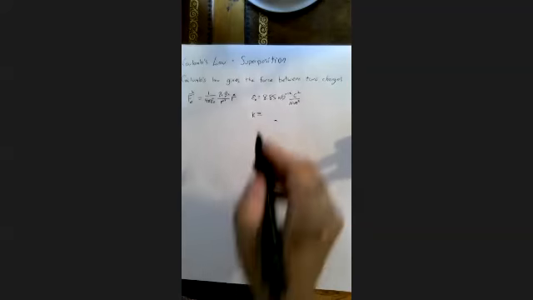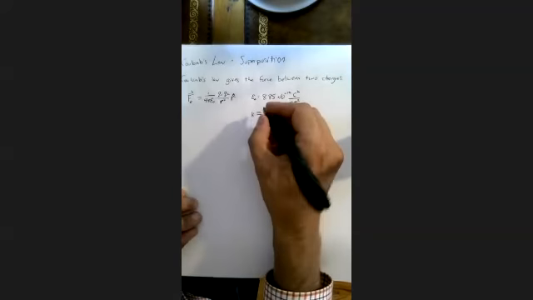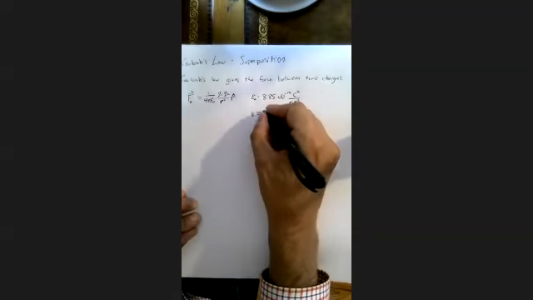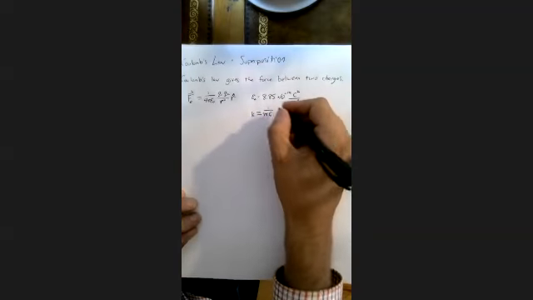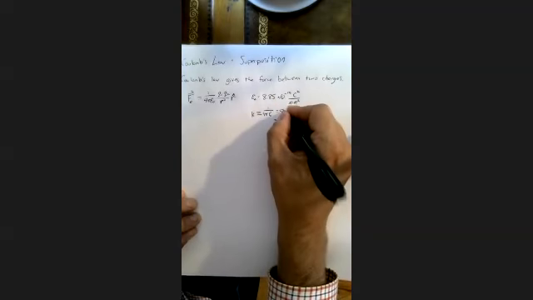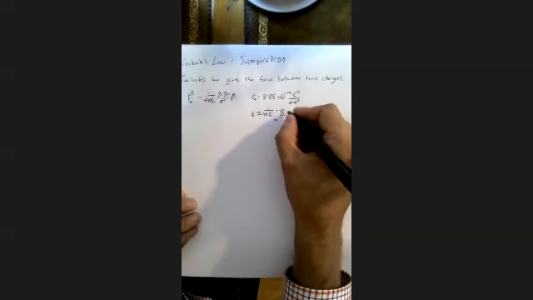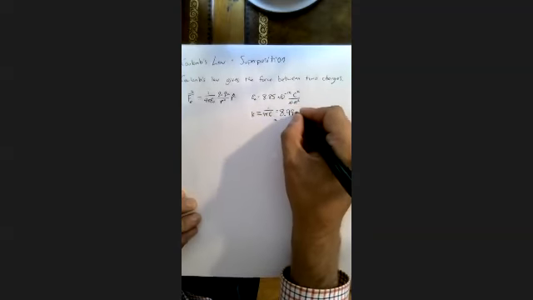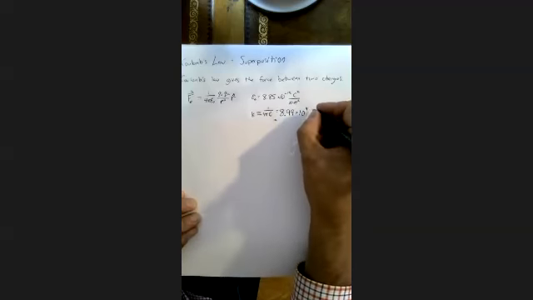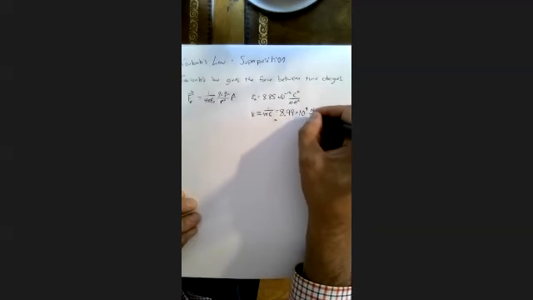That's equals, but even stronger, because we're saying k is defined to be this: 1 over 4 pi epsilon naught. To 3 sig figs, it's 8.99 times 10 to the 9th, and the units are Newton meters squared over Coulomb squared.